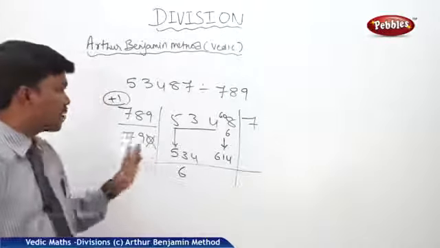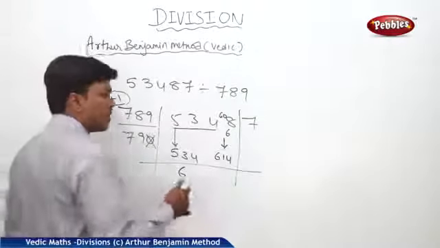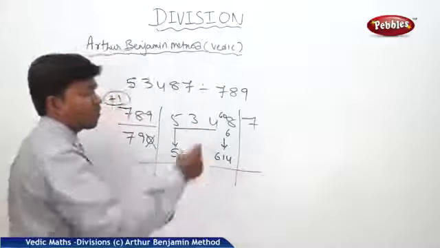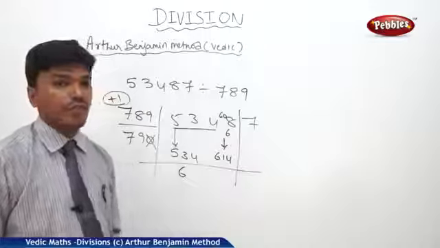So let us go 79 7 times. 490 plus 63, 553. So 614 minus 553. Yes, it will go. We have to do 614 minus 553 in the mind.